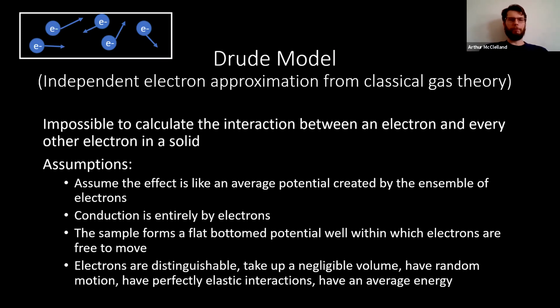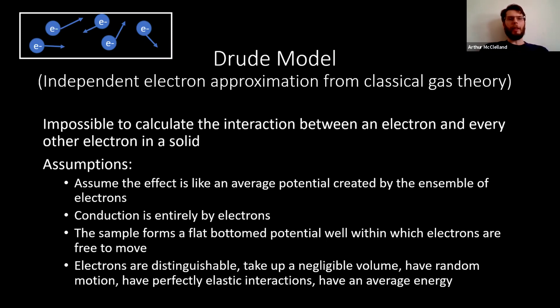So what the Drude model does is it assumes that the effects of everything can be modeled as an average potential that's created by the ensemble of the electrons. So on average, there's some electric field that the single electron feels, and this average electric field, this average potential is generated by the ensemble of all the other electrons.